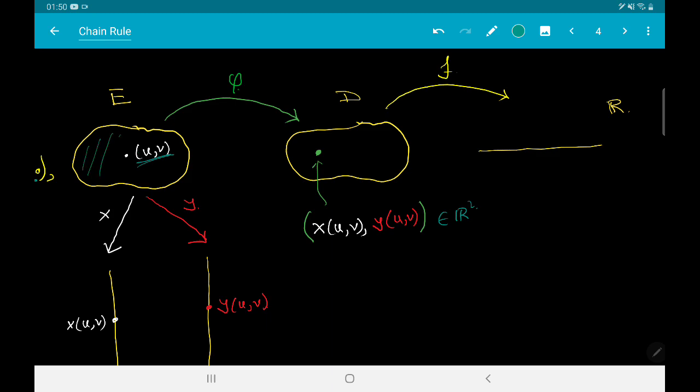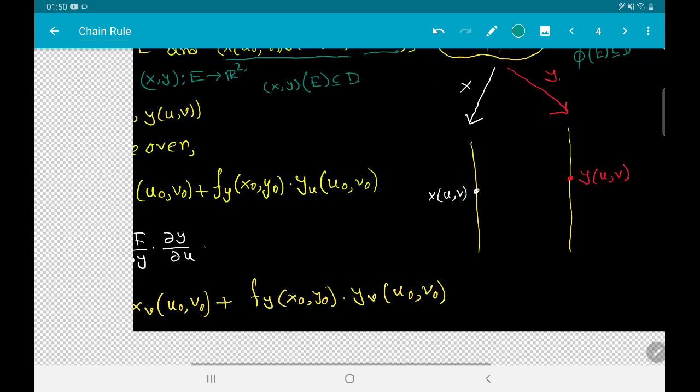Our claim is that if I take any point from here, this falls inside D. If I call this map phi, which I have called (x, y) before, then phi of E is a subset of D. And then we will take the composition of phi and f, and our claim is that the composition is differentiable at the point (u0, v0).